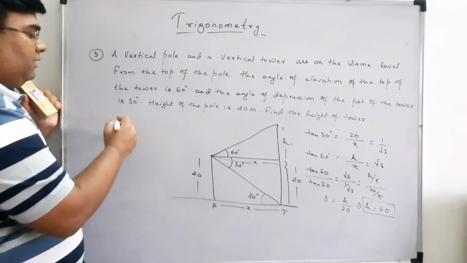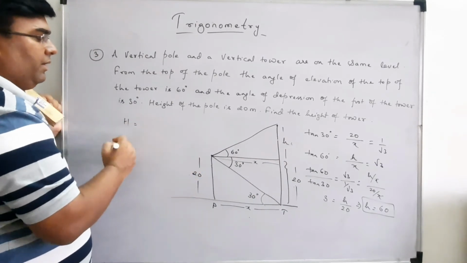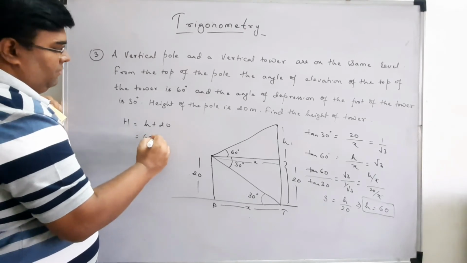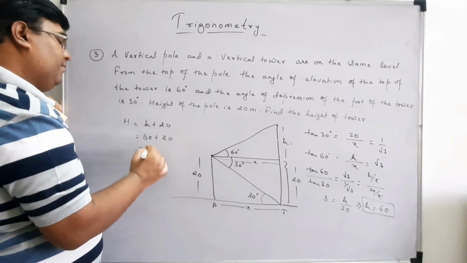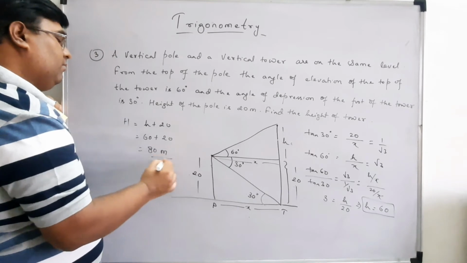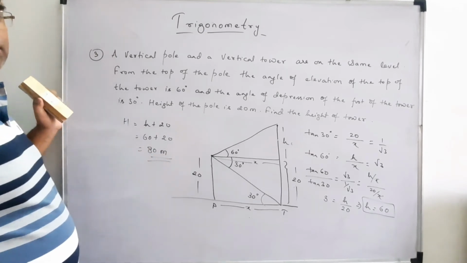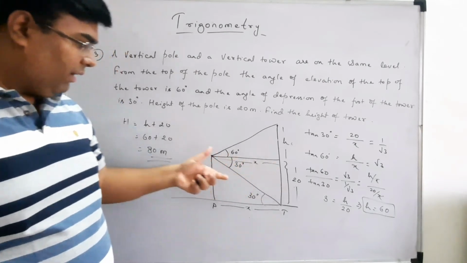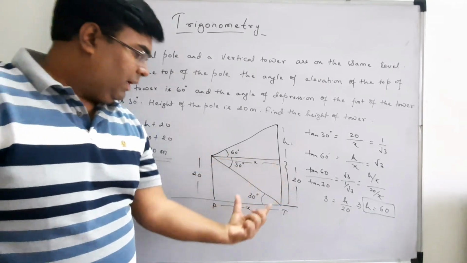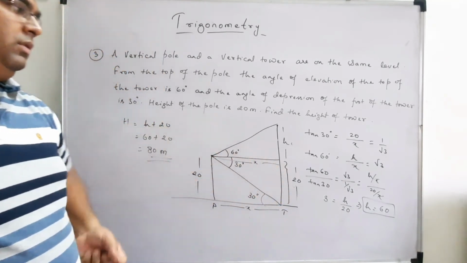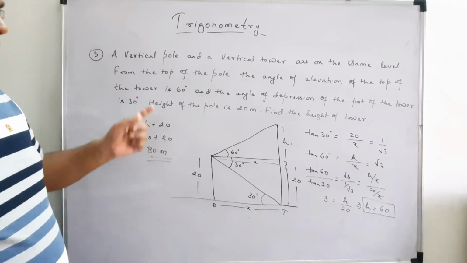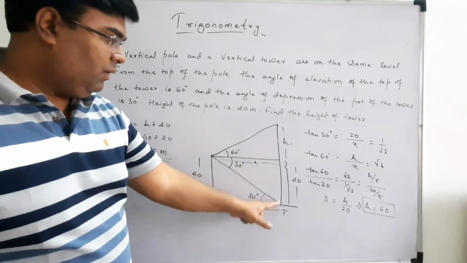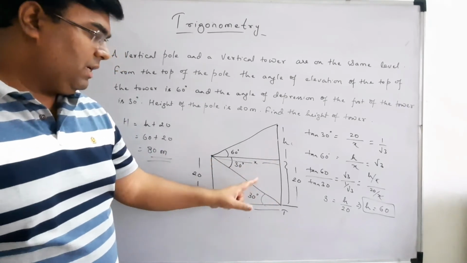So height of the tower, you can call it bigger H, h plus 20, which is 80 meter. Right? To understand the logic here, that why I have taken this 20 here also and this x here also. Angle of depression was there, so either I can use this triangle or I can use this triangle also. Same angle will be there.